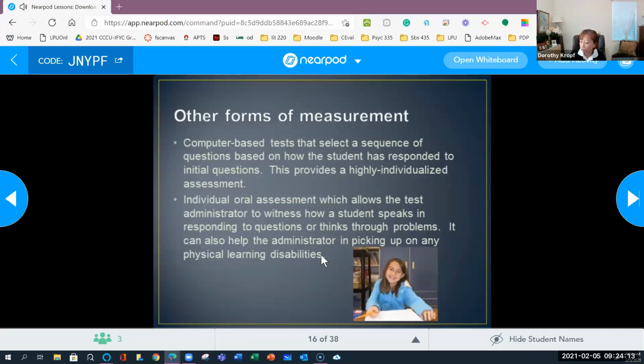This kind of test will give a highly individualized assessment, which may be useful in seeing how one particular student is doing, but is not useful in comparing that one student to everyone else, since everyone else is pretty much taking different tests. There's also one-on-one verbal diagnostic assessments, which may be useful in that they measure things that a written test cannot, such as verbal responses, use of language, the mood of the student, or even the thinking processes a student uses in responding.